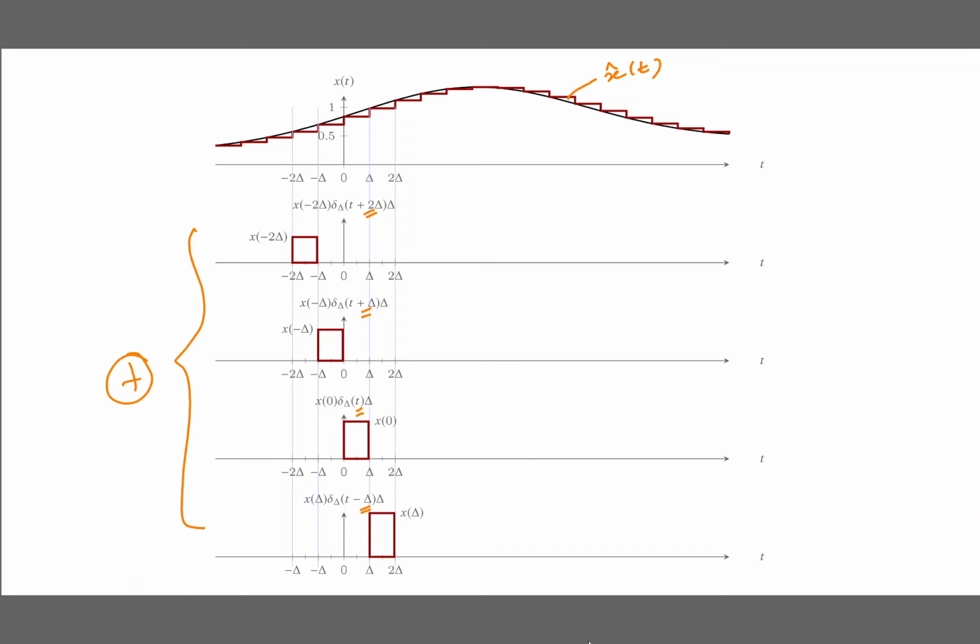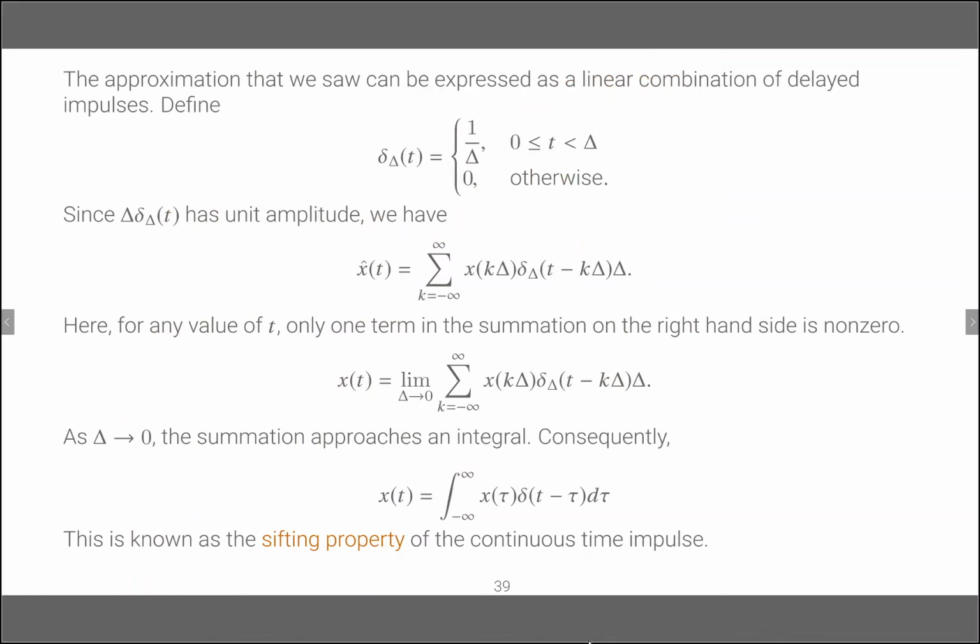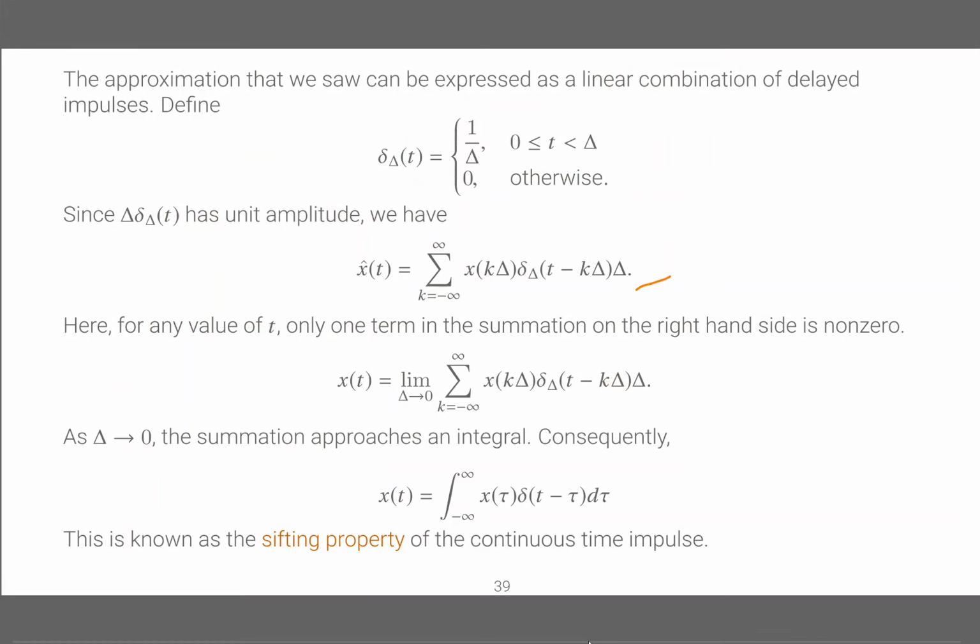In general, x(k delta) is this value, and this we can represent as delta delta(t - k delta). Therefore we have this representation: x hat(t) equals the sum for k from minus infinity to infinity of x(k delta) delta delta(t - k delta) delta.